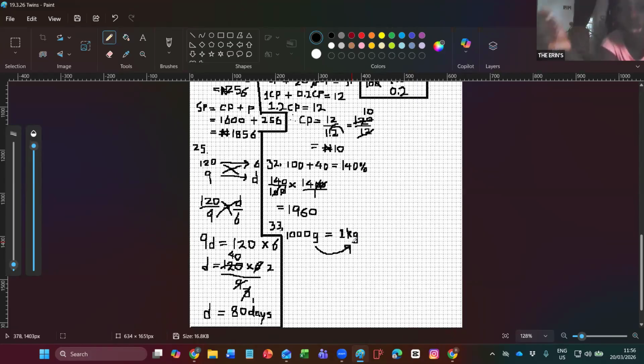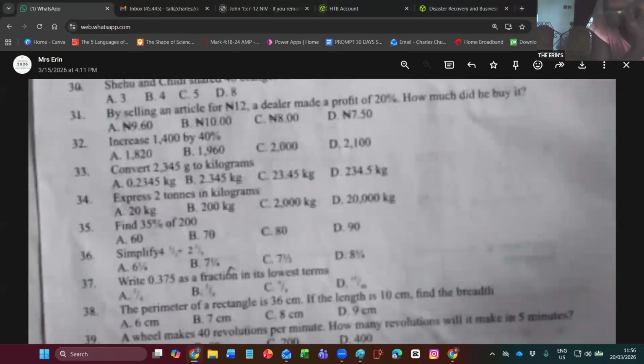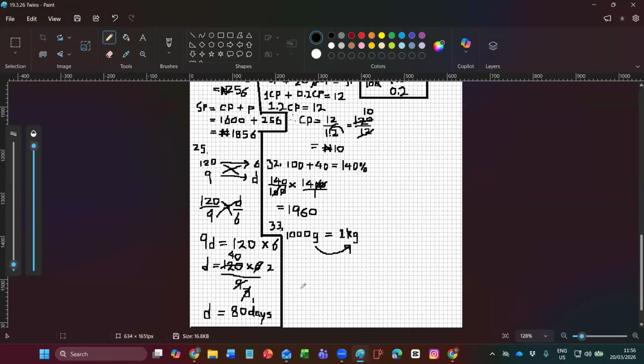Okay. That would be 2 kg 345 gram. That's going to be 2,345 gram divided by what? Divided by 1,000.